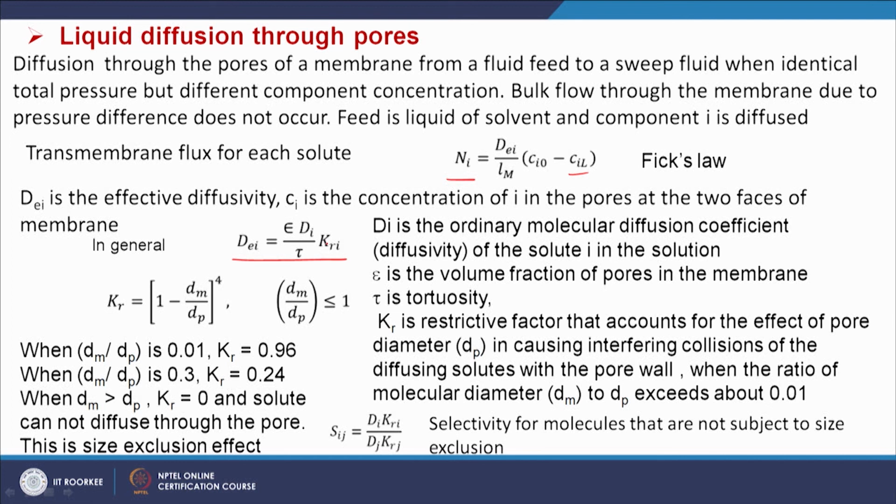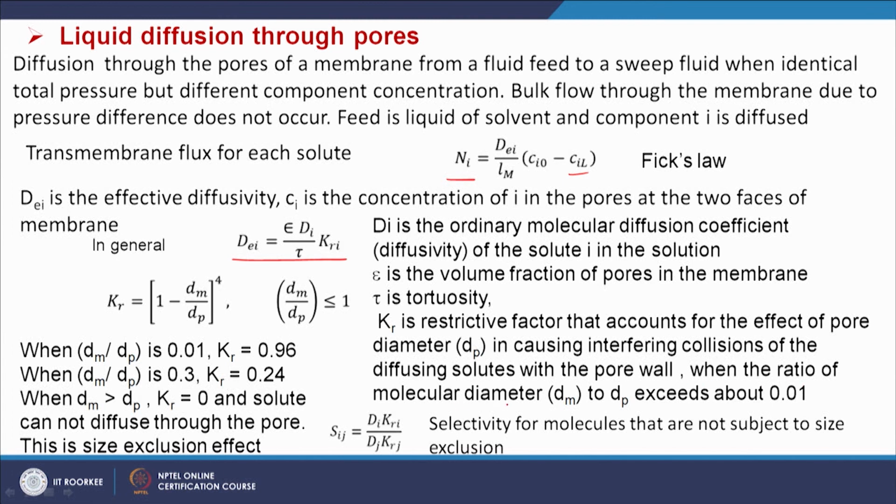So, di is the ordinary molecular diffusion coefficient of the solute i in the solution, E is the volume fraction of pores in the membrane, tau is the tortuosity, and Kr is a restrictive factor that accounts for the effect of pore diameter dP in causing interfering collisions of the diffusing solutes with the pore wall.